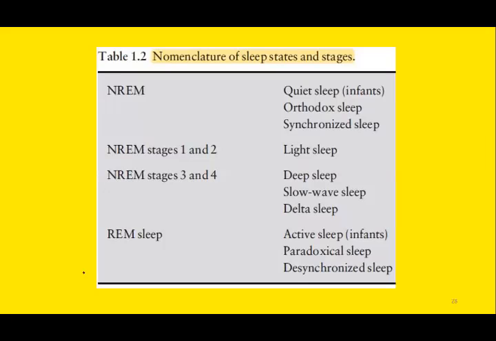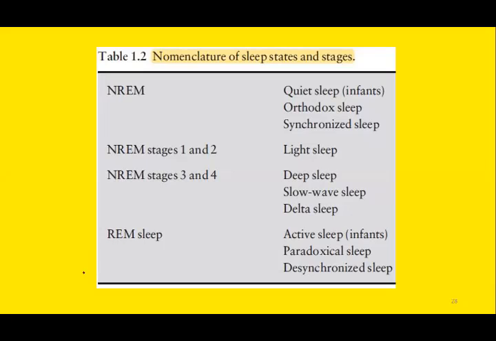So far we have discussed the definition of sleep and the characteristic features of sleep. We have discussed the role of the reticular activating system, the role of the pineal gland, and the neurohumoral substance released from the pineal gland, melatonin, in the sleep-wakefulness cycle.